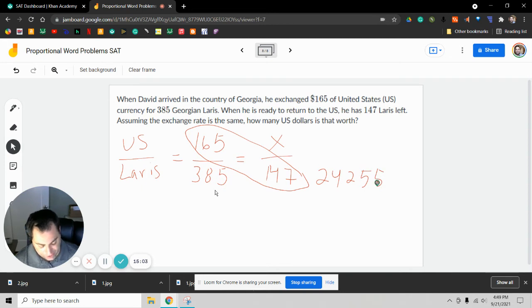We're going to divide by the number we didn't use. 24,255 divided by 385 is going to give us 63, and that's dollars. $63 in exchange.